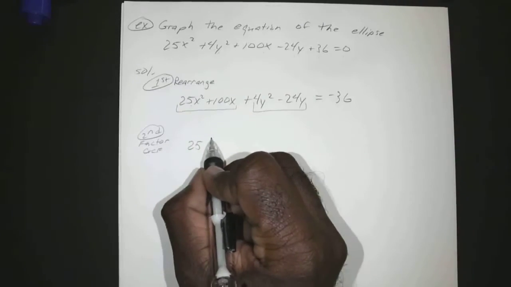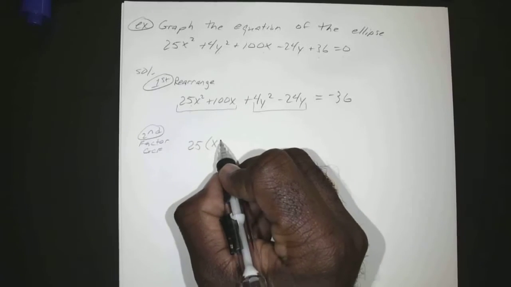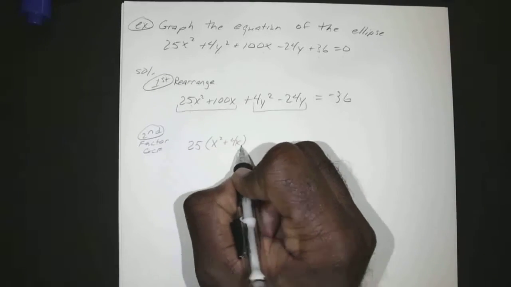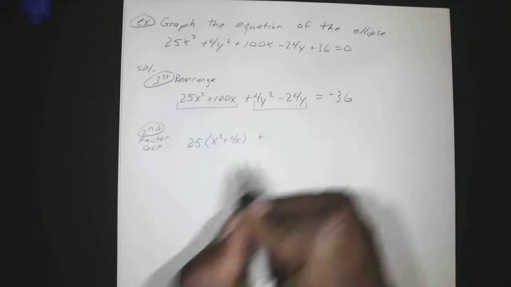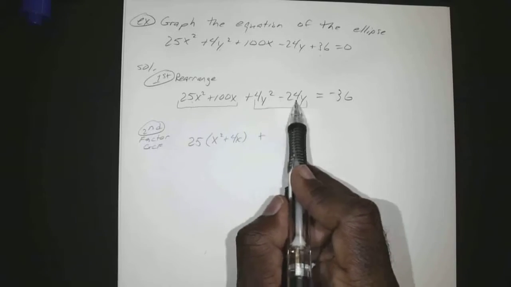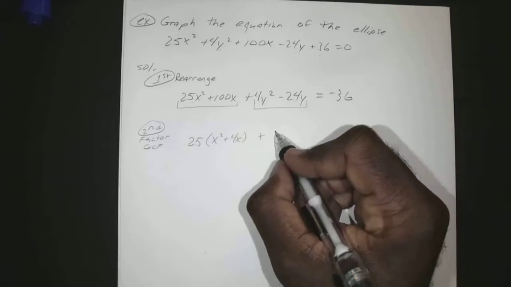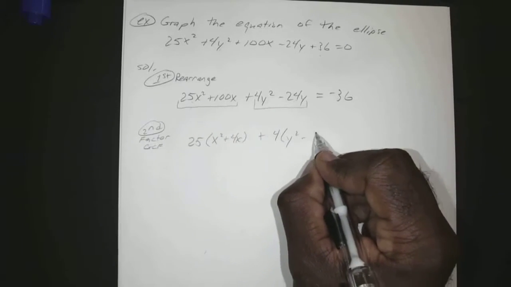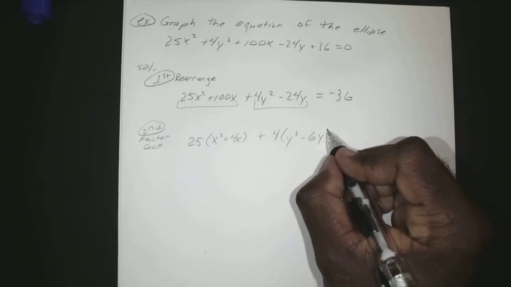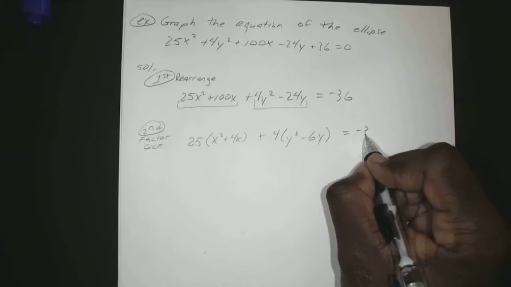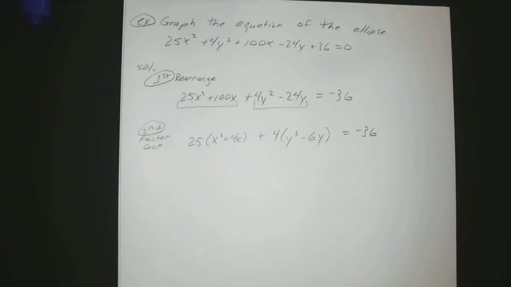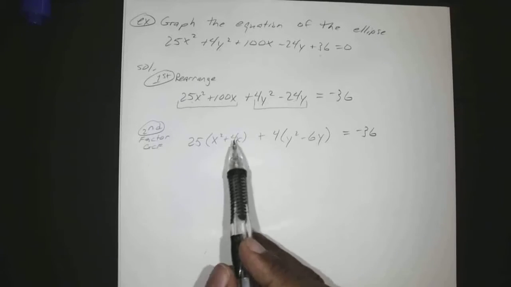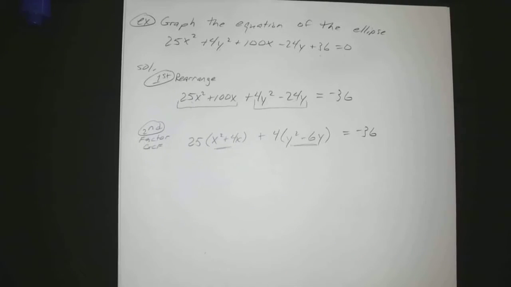So you have 25 times (x squared plus 4x), plus you can factor 4 from both of the y terms, and that leaves you with (y squared minus 6y) equals negative 36. Now you just have to complete the square for both of these.